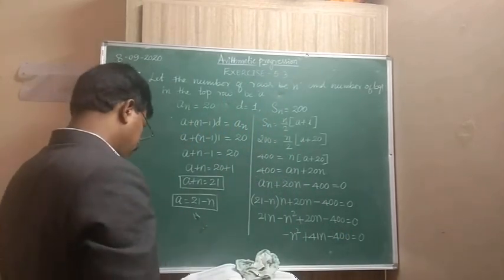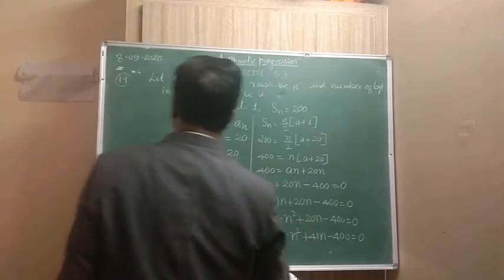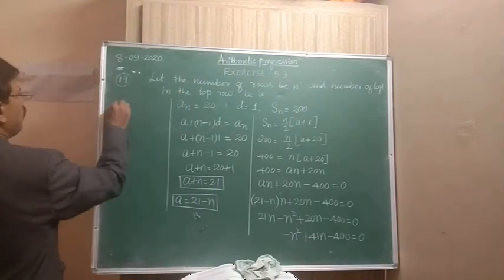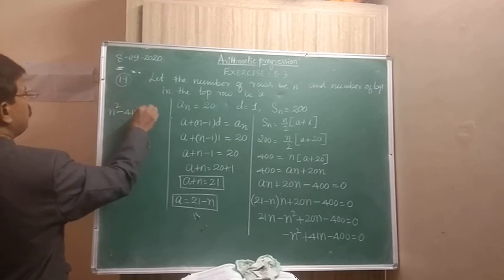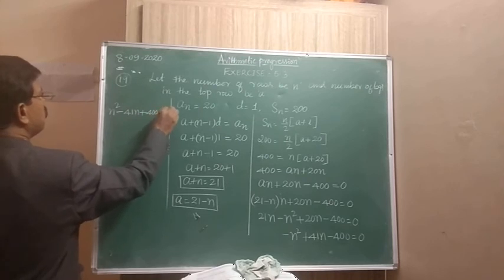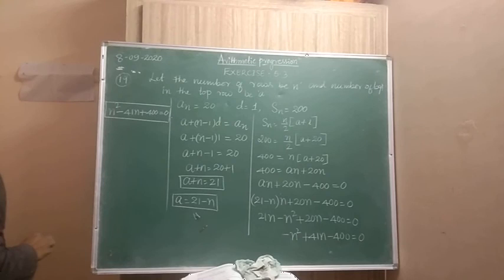Now on shifting to the right side, since minus n square is there, I am writing n square minus 41n plus 400 is equal to 0. This is a quadratic equation.